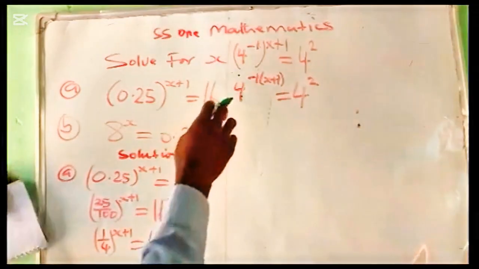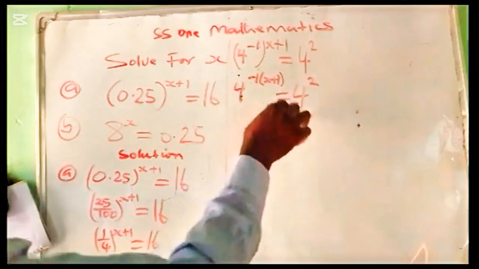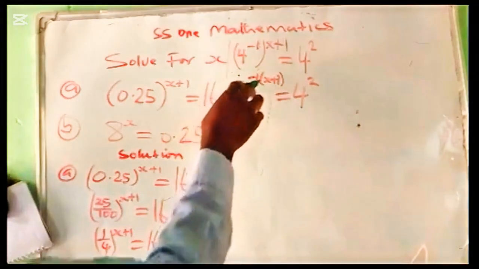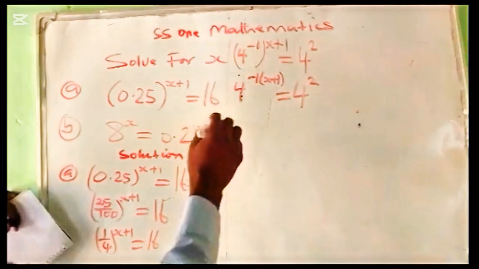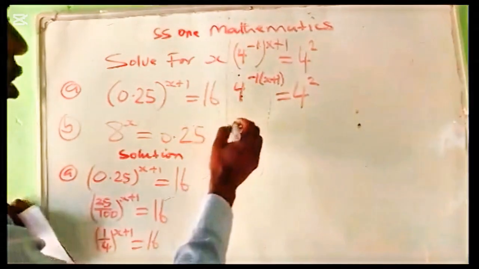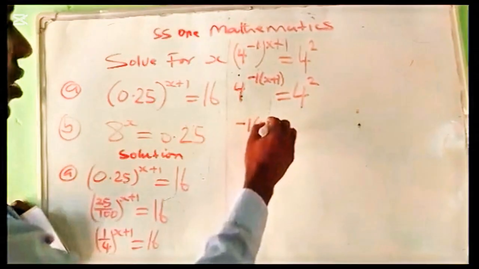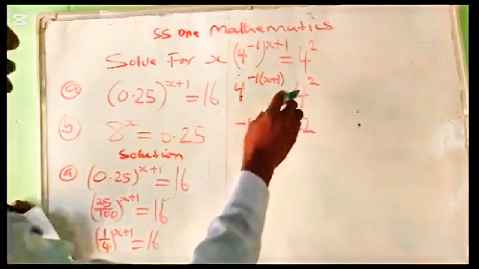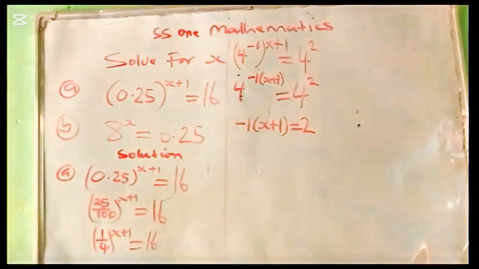At this point, we can divide this base together because it's the same. 4 here, 4 here. So we can work with the power. Remember, we are looking for the value of x. So when you cancel this, what we are left with is minus 1 into the bracket of x plus 1, close the bracket, equals 2, because these two 4s have cancelled each other.